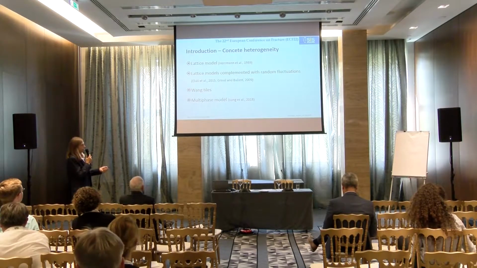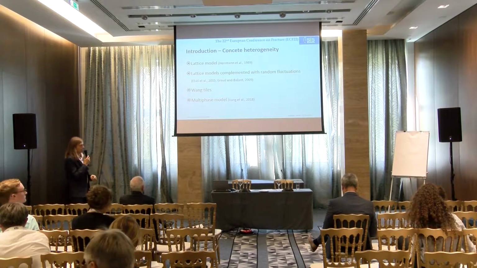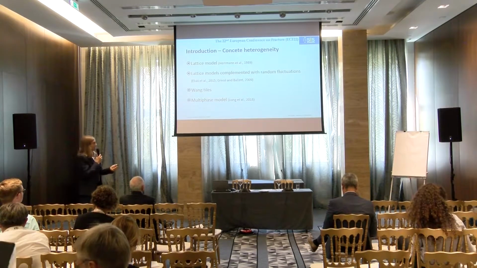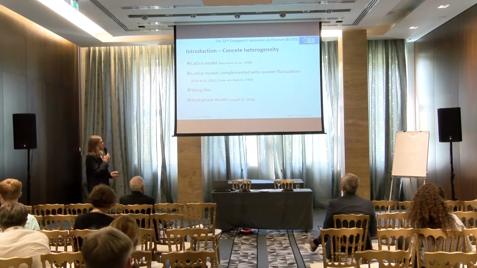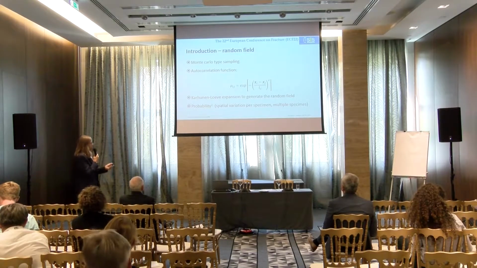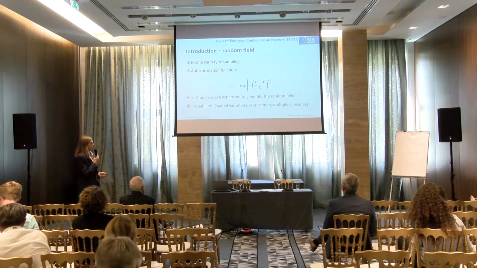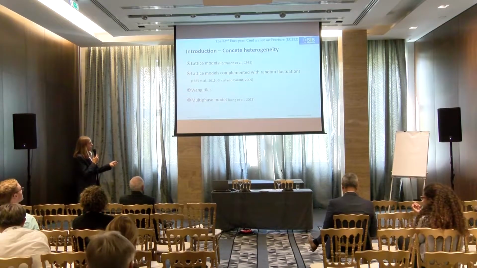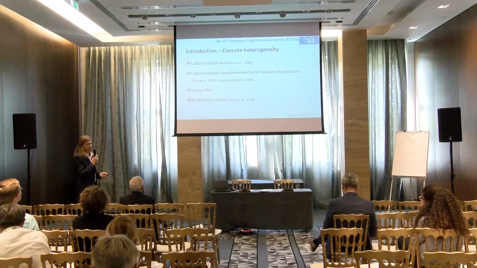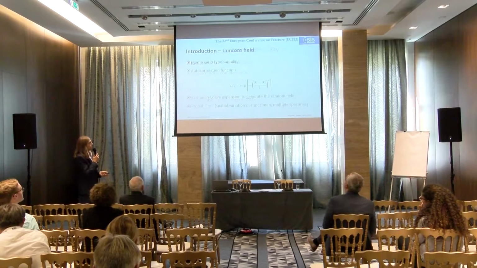This is built even for the chloride ingress, or Wang tiles may be applied for the special variations. And we will focus on the random field application that we adopted from the group of Eliáš and Vořechovský from Brno University of Technology.